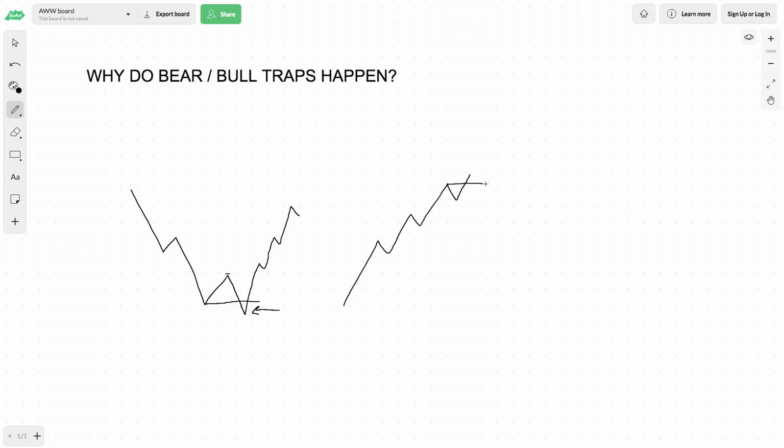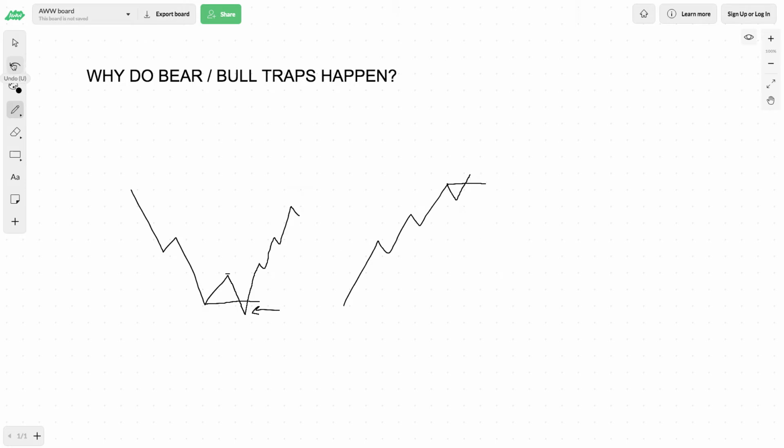Breakout traders get in, with convincing closes above an obvious level, and then all of a sudden prices come down. This is what is always referred to as a bull trap, with traders trapped in their position, again, if they don't use stop losses.